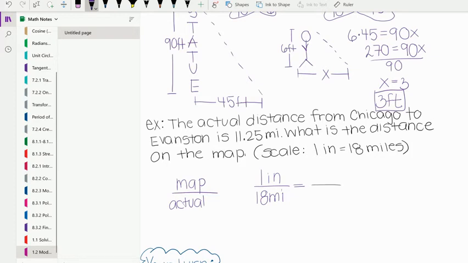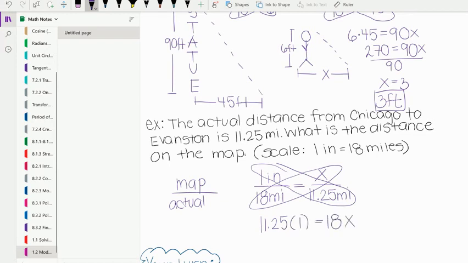So we don't know the amount of inches, so that's going to be my x, but we do know that it's 11.25 miles. So you want them to be inches with inches and miles with miles. So again, we are going to cross multiply. So I would do 11.25 times 1 equals 18 times x.